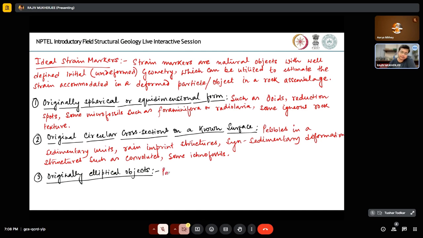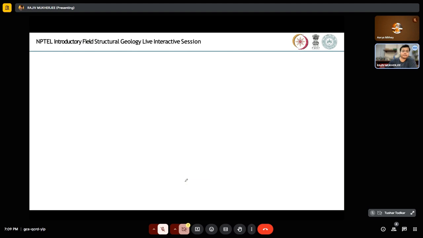So pebbles and conglomerates and ooids can be originally elliptical in shape.